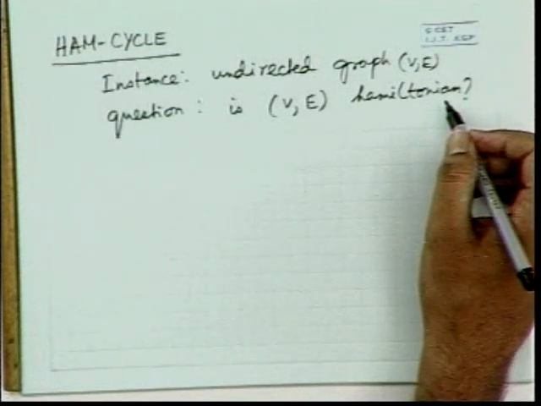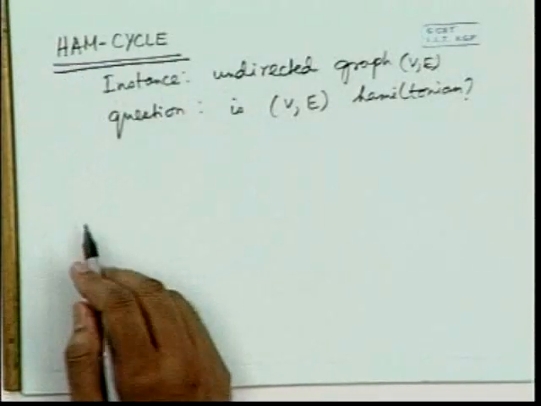That is a Hamiltonian cycle. So given the graph, we are asking whether it has a Hamiltonian cycle or not. 3 CNF SAT can be reduced to this problem. I refer you to the text to see the reduction. That will be a good exercise for you to know how reductions work. So let us know that this is an NP complete problem.